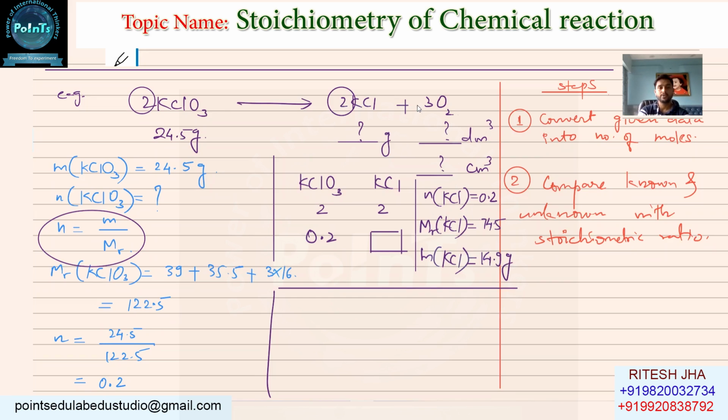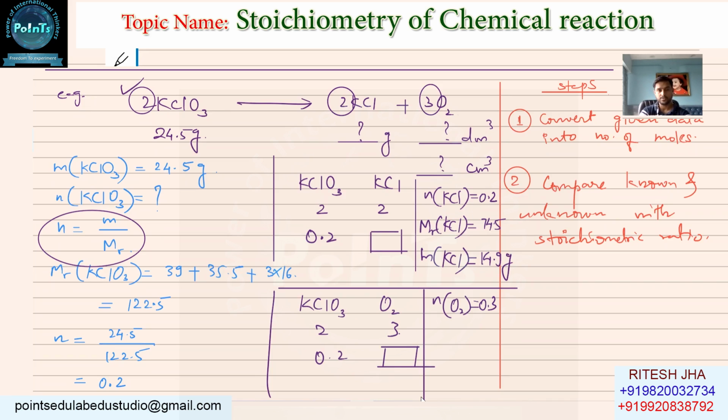Now, in the same way we can work on the oxygen. The ratio is 2:3 from the equation. So the number of moles of oxygen should be 0.3, right? Now, what do we want?